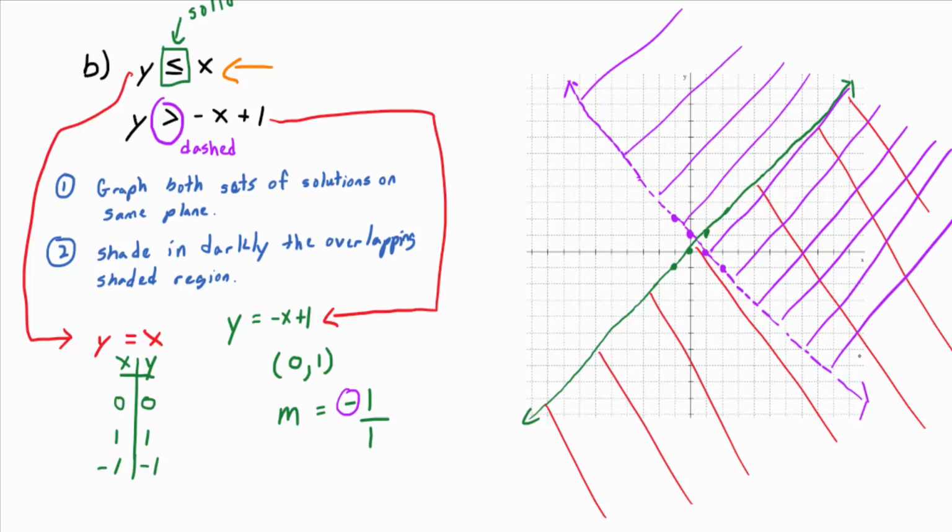Okay. So I can use my highlighter tool to kind of show you what that region would look like. It's got to be the overlapping shaded region. Kind of outlining the border here. And it keeps going to the right, doesn't it? And then just shade it in.